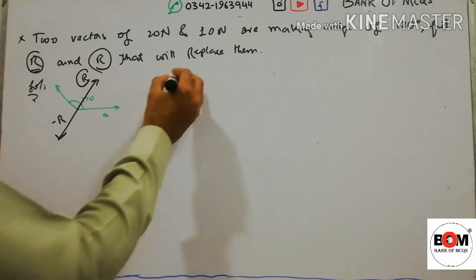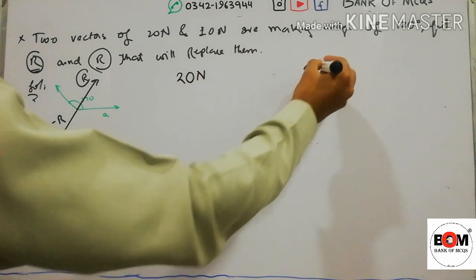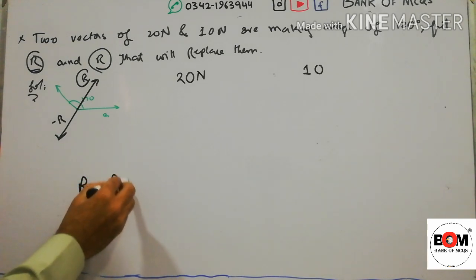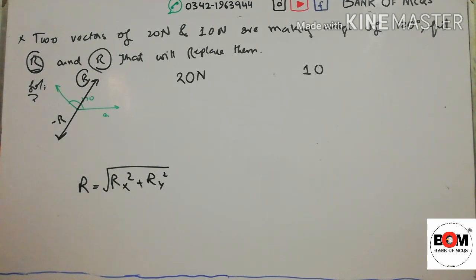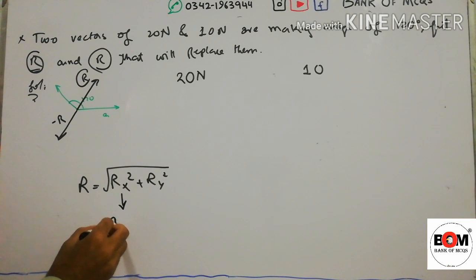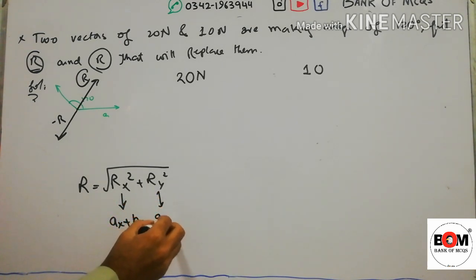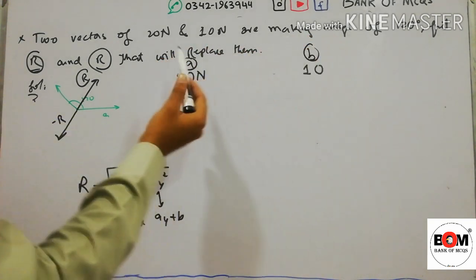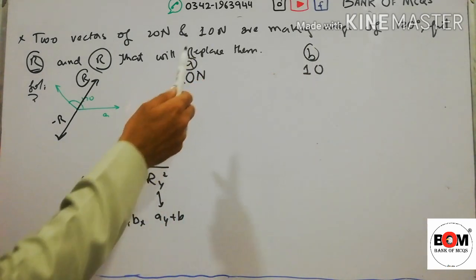Now how to find it? This is vector 1, that is 20 Newton. This is the other 20 Newton. To find R, we will use this formula, but for this we need Rx and Ry. Now Rx is the component Ax plus component Bx, and Ry is Ay plus By. Now if this is vector A and B, we need their x components, Ax and Bx, and for y, Ay and By.